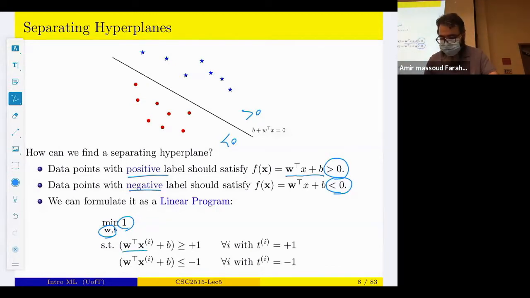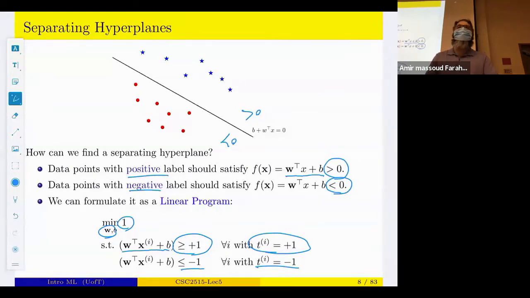We say W transpose Xi plus B should be larger than +1, just an arbitrary positive number, for data points that have target of +1. Or for the points that have negative labels, we set this to be smaller than -1.